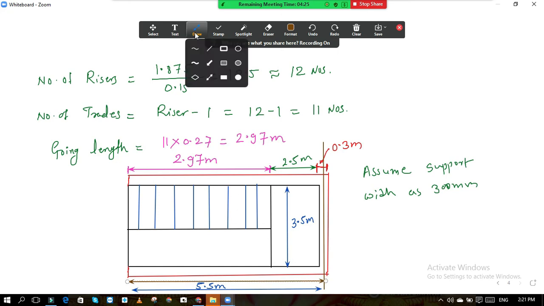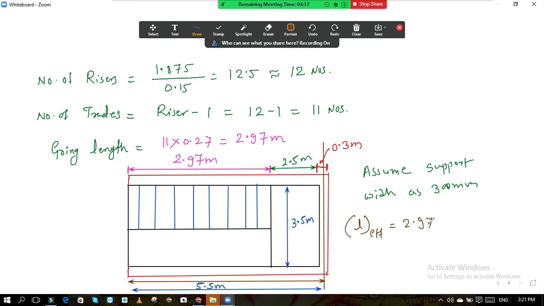Okay, so how do we calculate that effective span? L effective, that is 2.97 plus 2.5 plus 0.3 by 2.